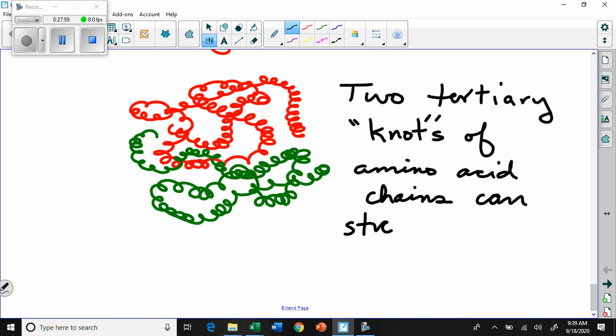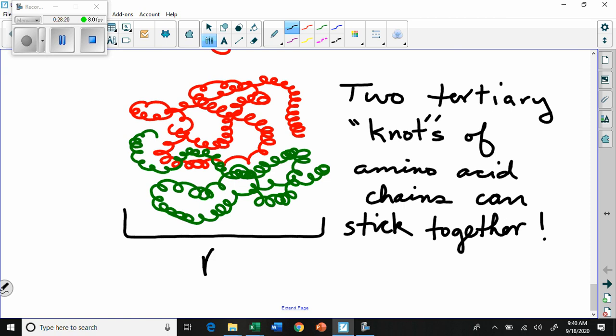And again, this attraction is all because of all the pushing and pulling and what's going on with all those R groups that are attached to the amino acids. So this makes the quaternary structure. So this is the final picture of a protein. So we'll call this a protein. Yay.